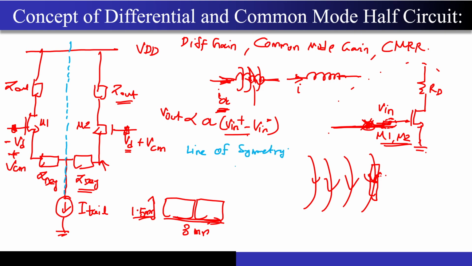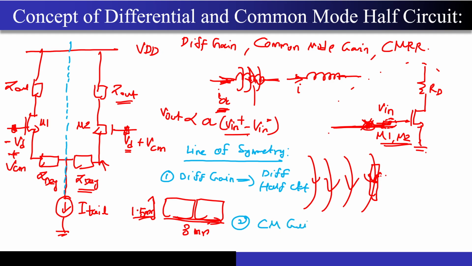And now two things we have to do. First of all, what should we do for finding the differential gain? For differential gain, we have to draw something called a differential half circuit. And similarly, for finding the common mode gain, you have to draw a common mode half circuit.